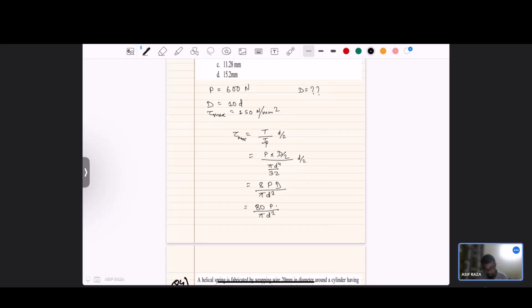Here we are given with 150, and I can write 80 into P is 600 pi d square. I can write d square as 80 into 600 over pi into 150.